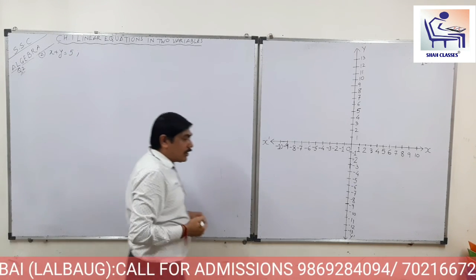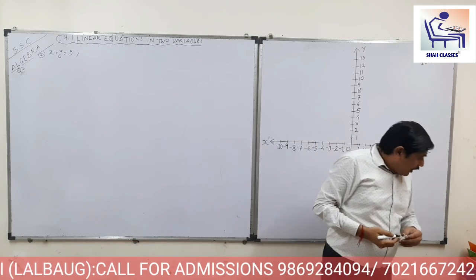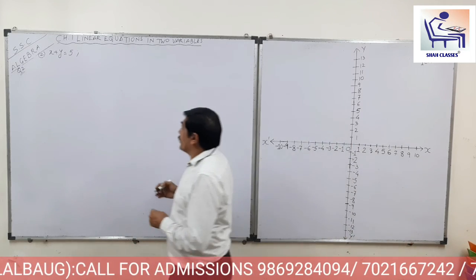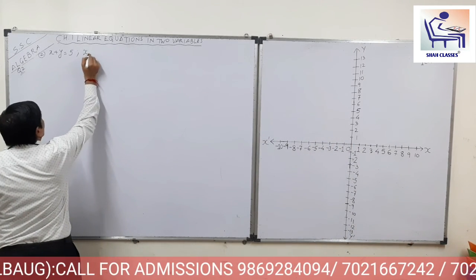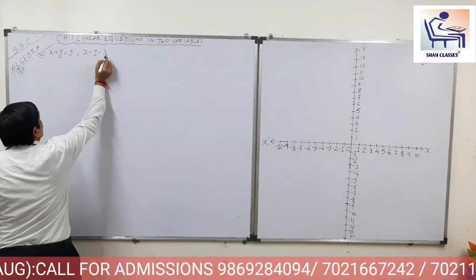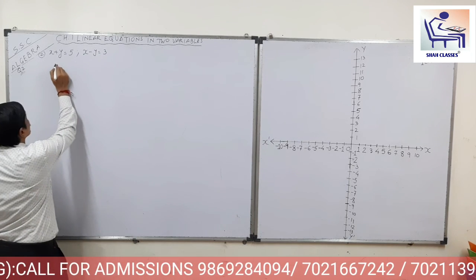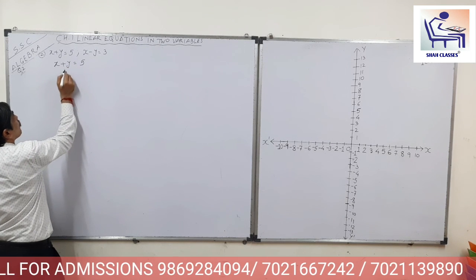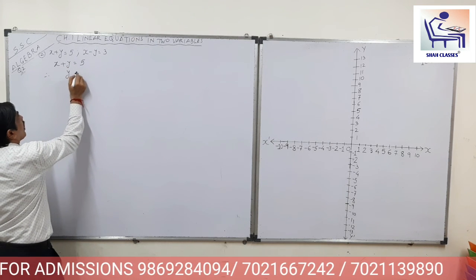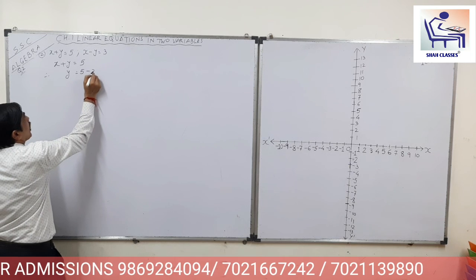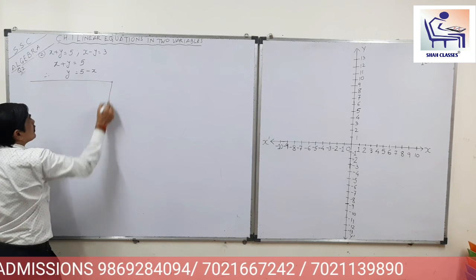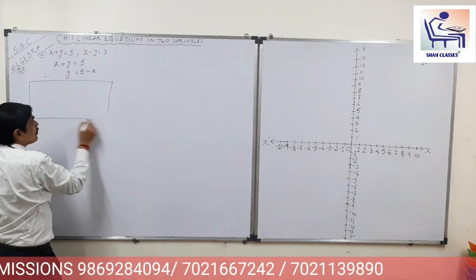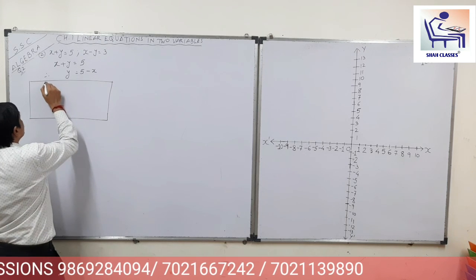And your second equation is x minus y is equal to 3. So, we have to solve this. x plus y is equal to 5. Find out the value of y. So, y is equal to 5 minus x. Now, we will draw the table.